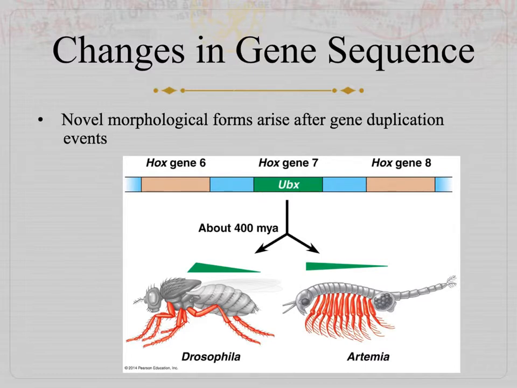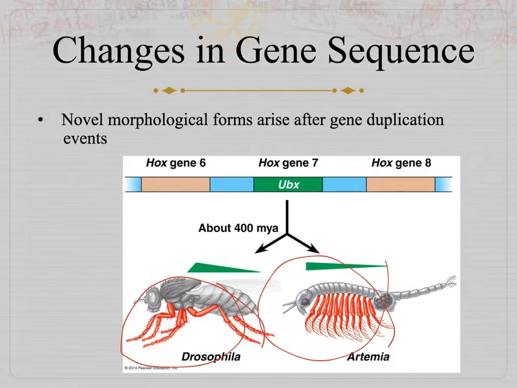Novel body forms are thought to have arisen from events like this in those Hox genes and other genes, where there's been a duplication event that's caused the organism to have more legs or more genes, which will either be turned on or off, which will create more structures or fewer structures, like in the fly here and this primitive shrimp-like organism, the Artemia.